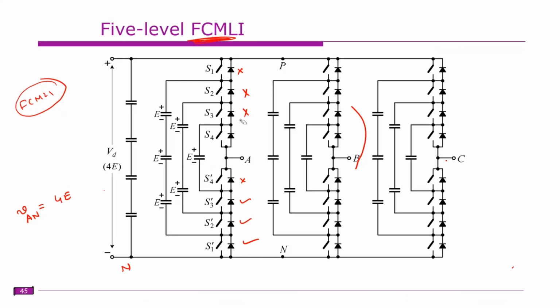So this is 3E, right? And this is 2E. So can we subtract these two? Is it possible to subtract those two?